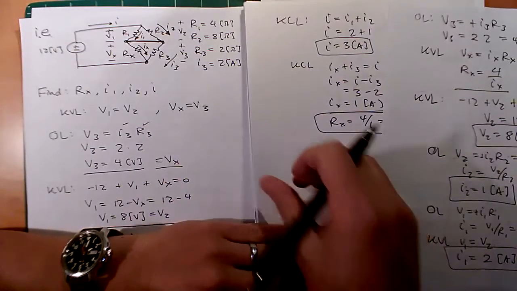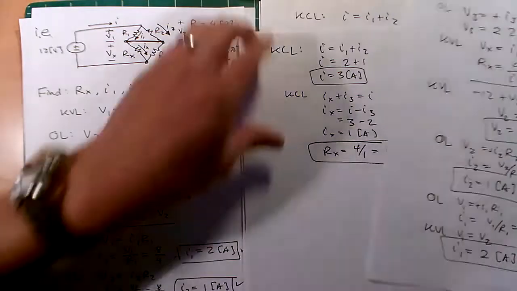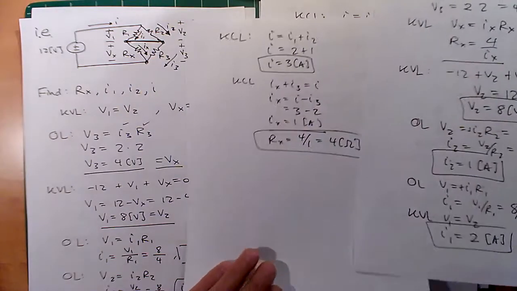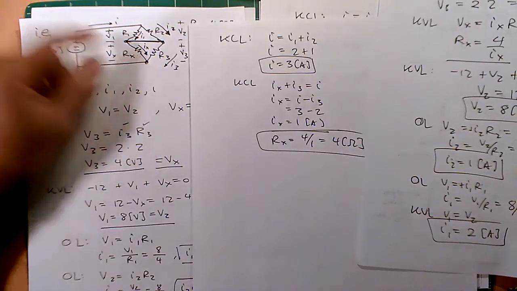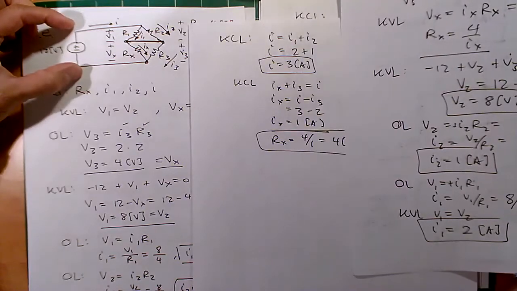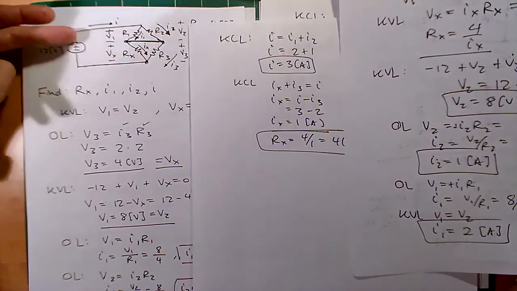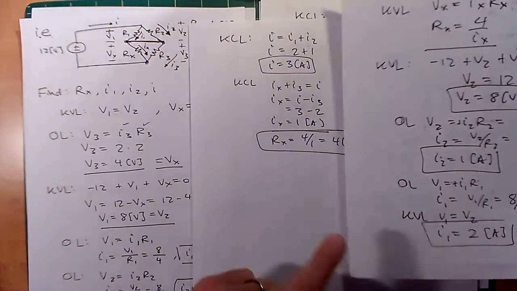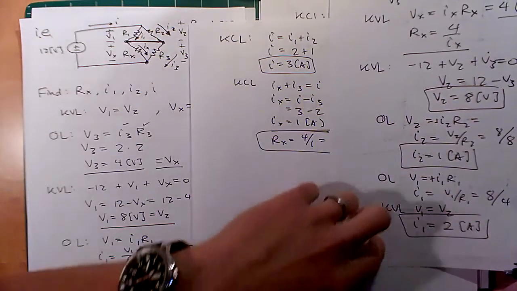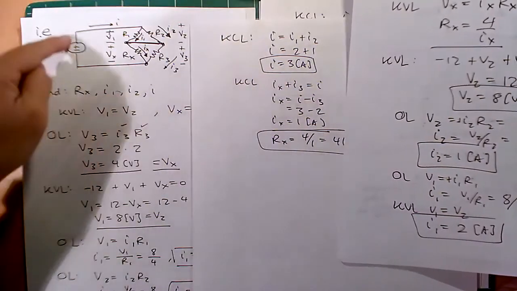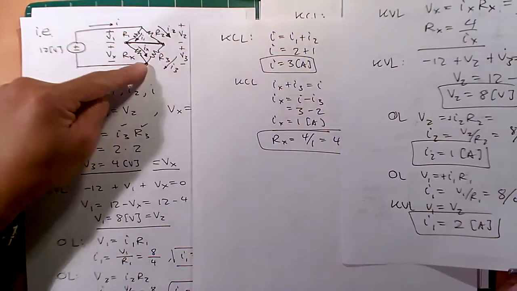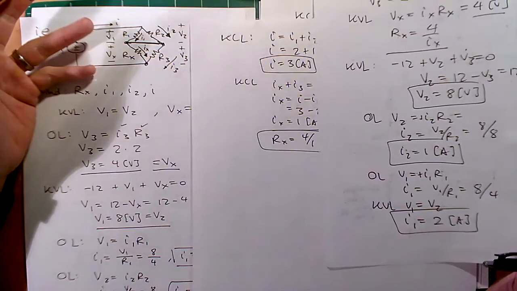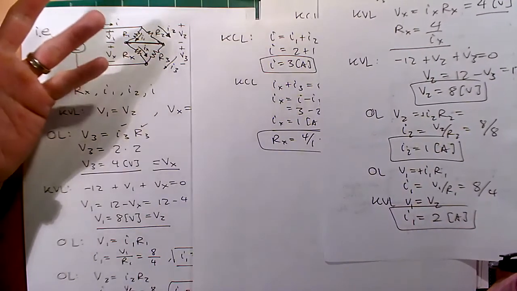So again, we don't ever just end it and move on. We just double check. Do these numbers make sense? We would have 4 ohms here. We got a 12-volt source. If we got a high voltage here, I would assume current's going to want to trickle down this way. And it looks like all these numbers, I1, I2, and I, are all positive numbers. That seems to make sense. There's nothing crazy, no crazy values like 3,000 amps or 10 amps.